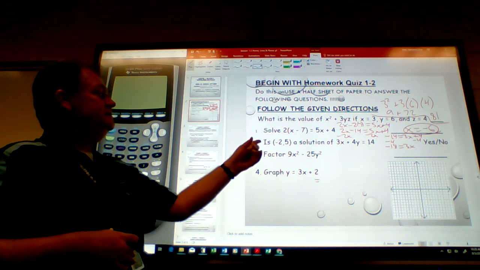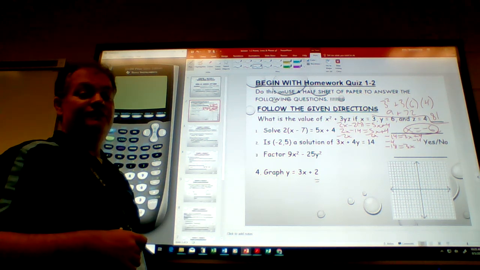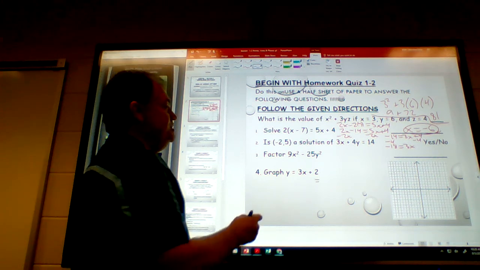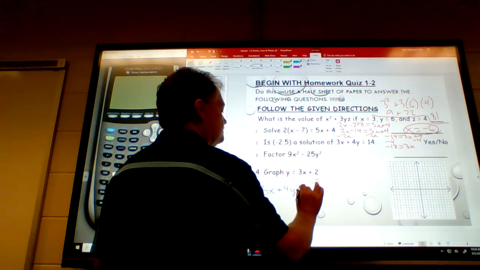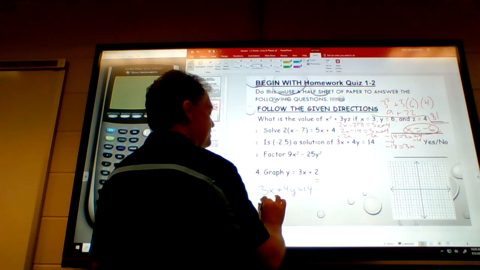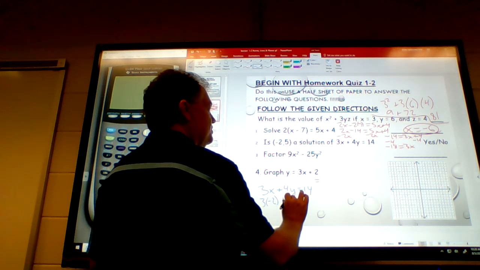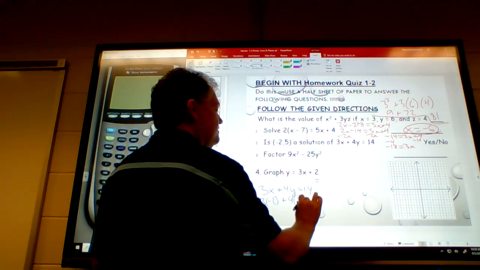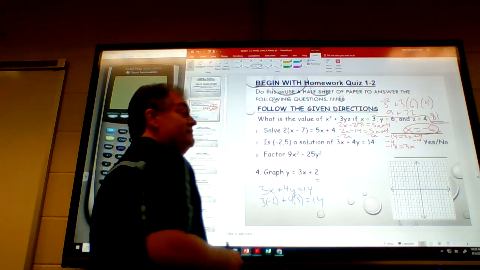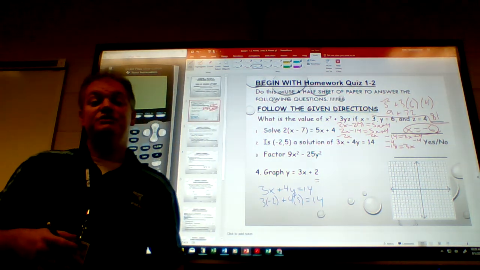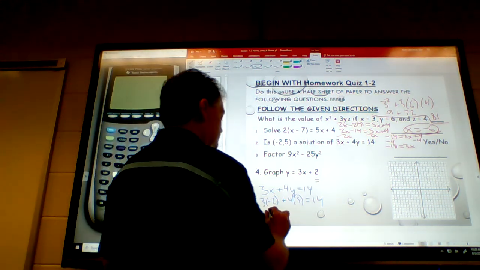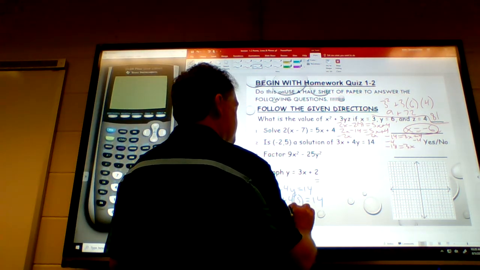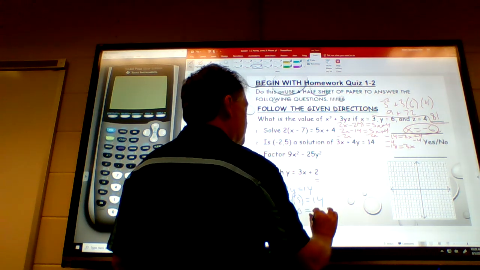Now, number 2: is (negative 2, 5) a solution of the equation 3x plus 4y equals 14? So I got 3 times negative 2 plus 4 times 5. We're going to see if that's true or not. Remember, 3 times 2 is 6, but it says negative 2, so 3 times negative 2 makes it negative 6, plus 20 equals 14.